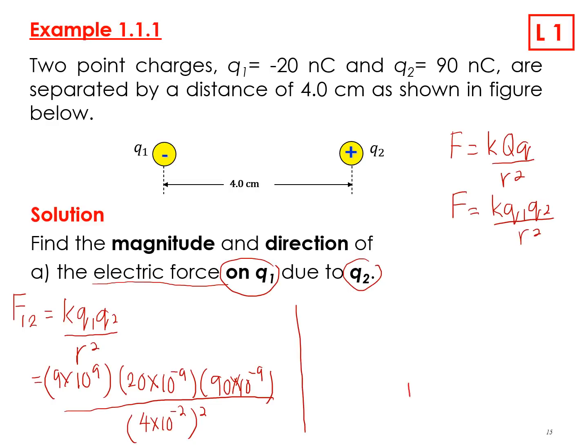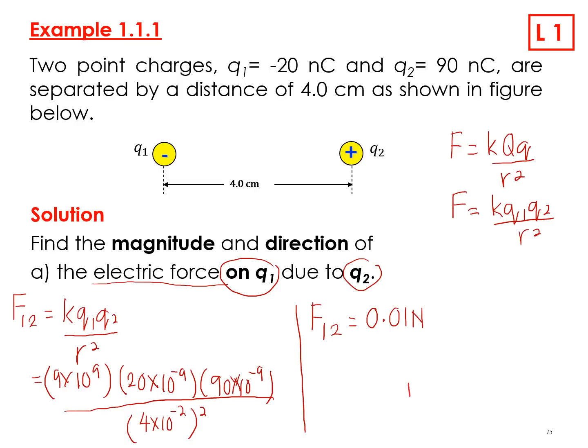Then you will get the electrostatic force on charge 1 due to charge 2 equal to 0.01 newton. That's the magnitude.